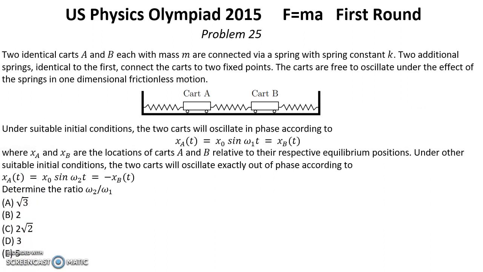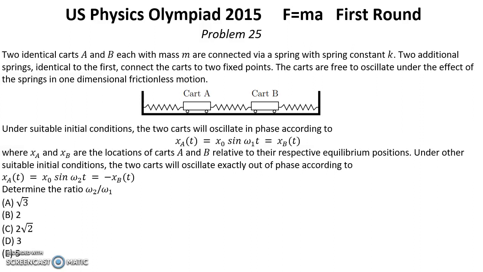Problem number 25. Two identical cards A and B, each with mass m, are connected via a spring with spring constant k. Two additional springs, identical to the first, connect the cards to two fixed points. The cards are free to oscillate under the effect of the springs in one-dimensional frictionless motion.